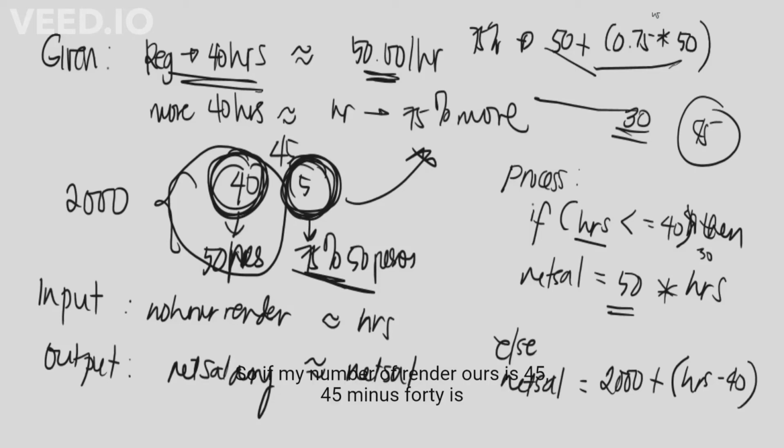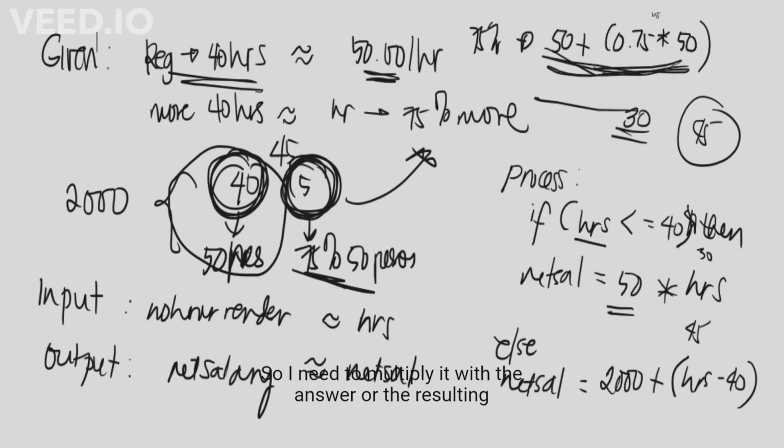So if my number of rendered hours is 45, 45 minus 40 is 5, and that's the OT, or the excess hours that need to be paid. So that's 5, and that's 75% more. So I need to multiply it with the resulting value of this one.